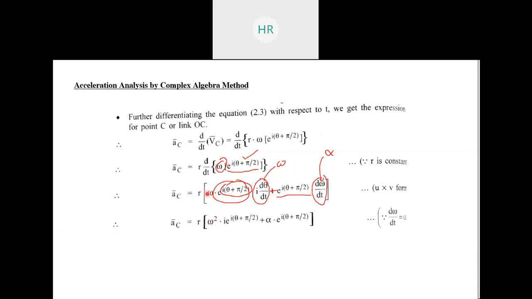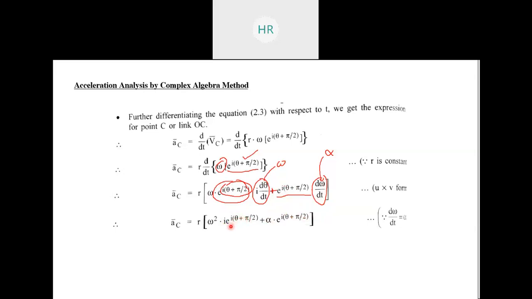Why omega square? Because already omega was present, and this d theta by dt is also omega. So omega square into I e raised to I theta plus pi by 2 plus d omega by dt is alpha into e raised to I theta plus pi by 2. Now again you can see over here I is multiplied by e raised to I theta plus pi by 2.